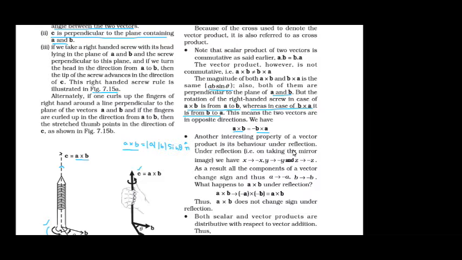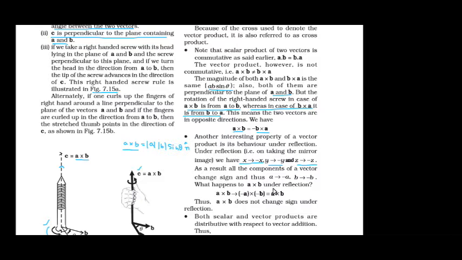Another interesting property of a vector product is its behavior under reflection. Under reflection, that is, on taking the mirror image, we have x tends to minus x, y tends to minus y, z tends to minus z.